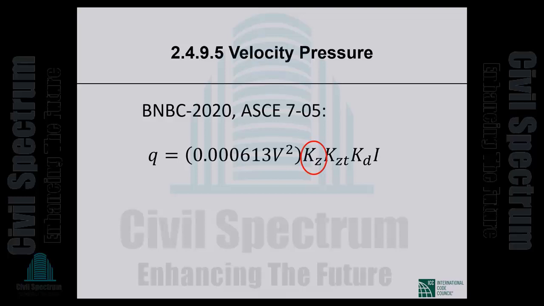0.00613 V squared, the V part I have explained to you. The K sub Z is a combined height and exposure coefficient. It has a name that will come up, but that's unimportant. The V, as I explained, is at 10 meters above ground of exposure B. If that's all we know, we are not going to go very far with our wind design.